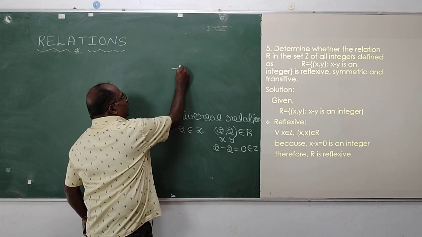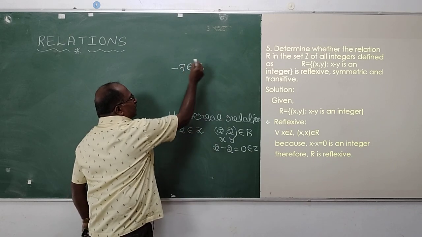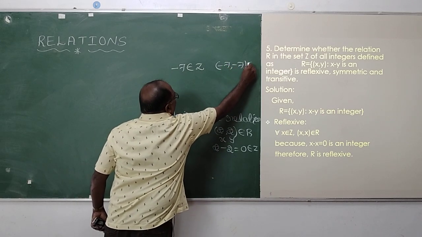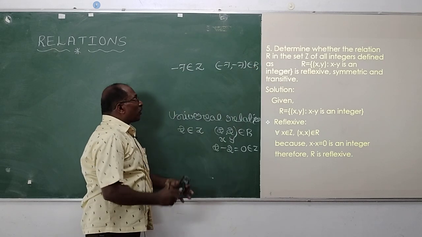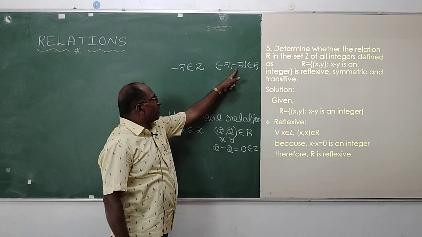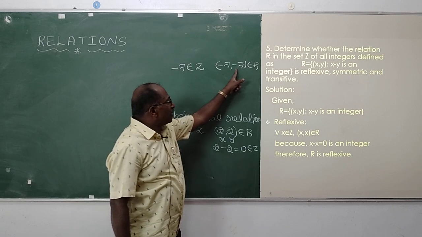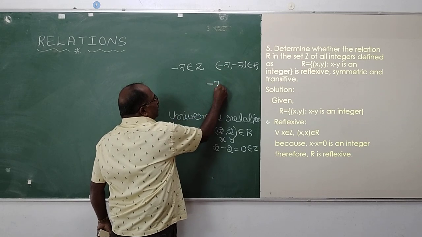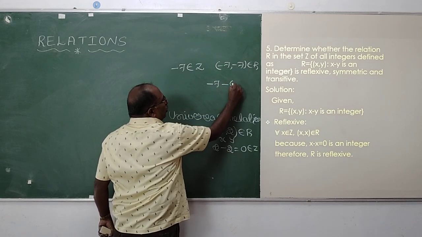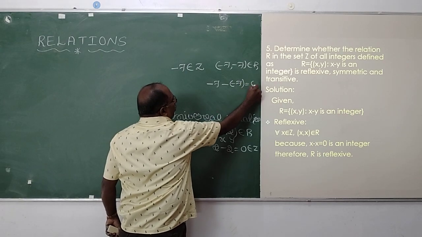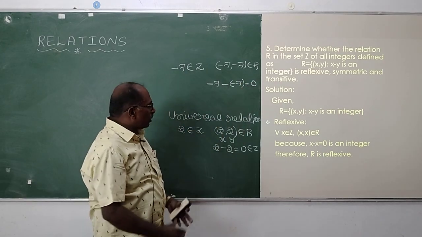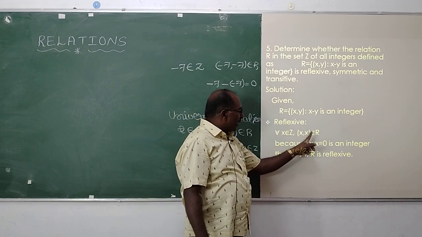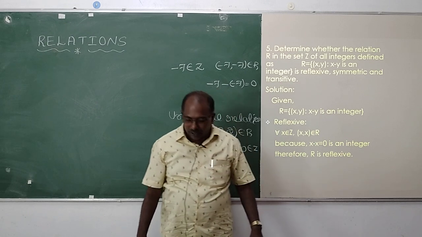We know minus 7 belongs to Z, which is an integer. Minus 7 comma minus 7 belongs to R. This is because the ordered pair minus 7 comma minus 7 of Z cross Z satisfies this relation. Here x is minus 7, y is also minus 7, so x minus y is minus 7 plus 7, which is equal to 0. Therefore, if you take x as any integer, x comma x belongs to R, thus R is reflexive.